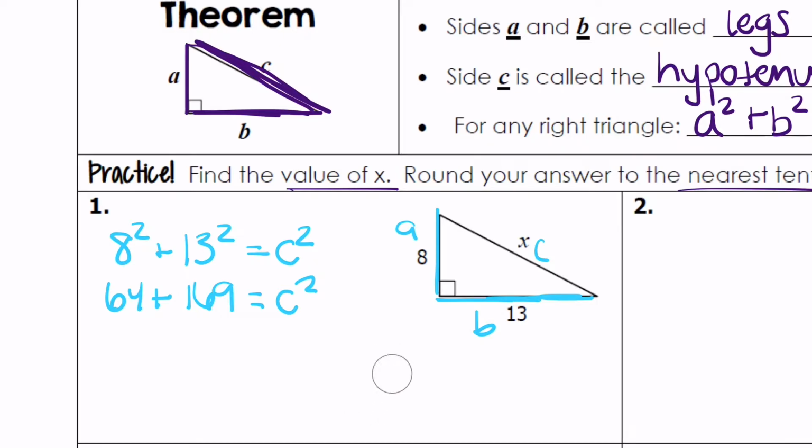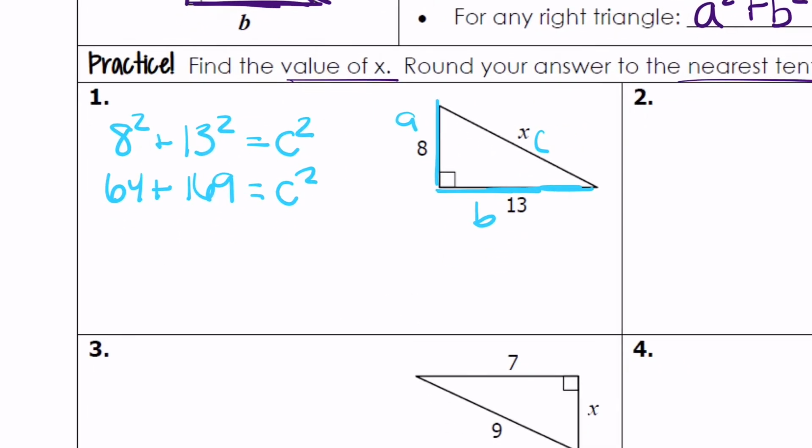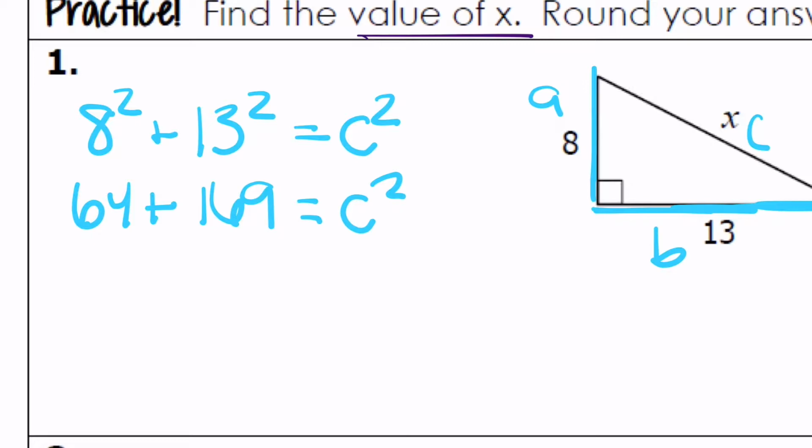Now all I do is keep solving. 64 plus 169 is going to give me 233, which is equal to c squared. You can use x as well, because we're solving for x technically. I plugged in c. Either way will do. Then remember, to undo c squared, we take the square root of both sides.